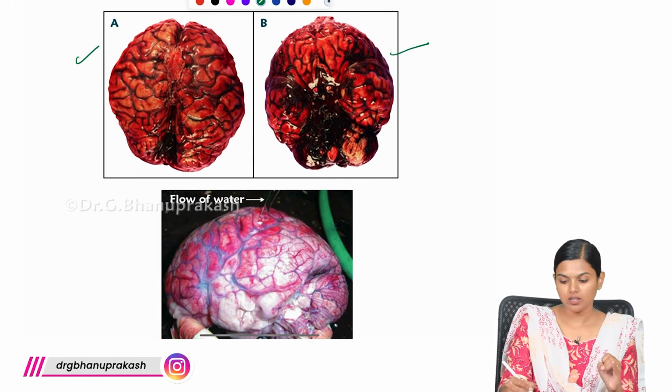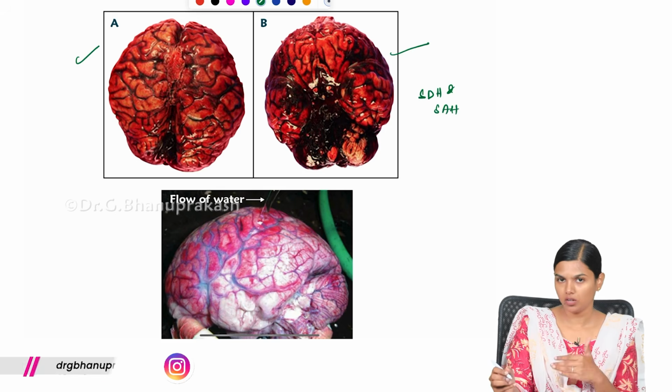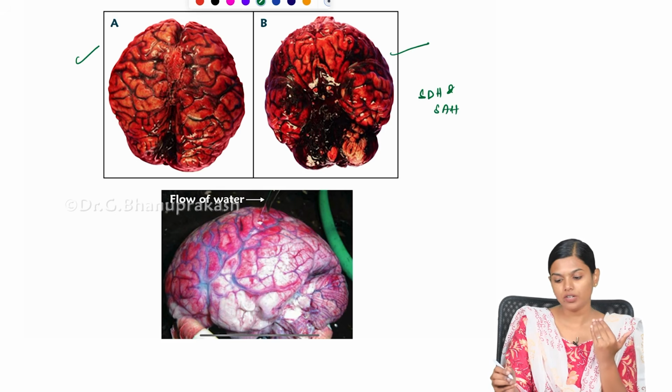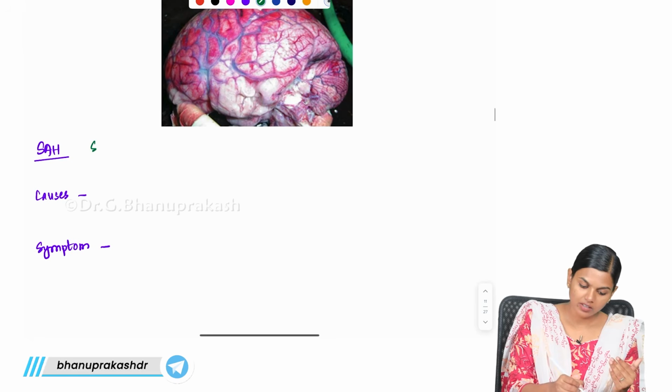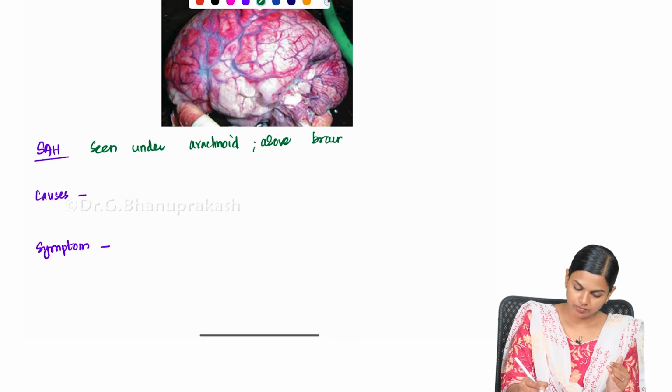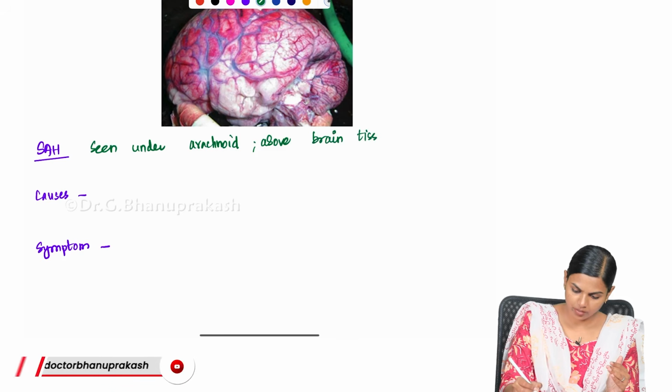Now, SDH and SAH, both will be seen beneath the dura, right? Now, how will you differentiate SDH and SAH? The only definition is that SAH will be seen under arachnoid, above the brain tissue.